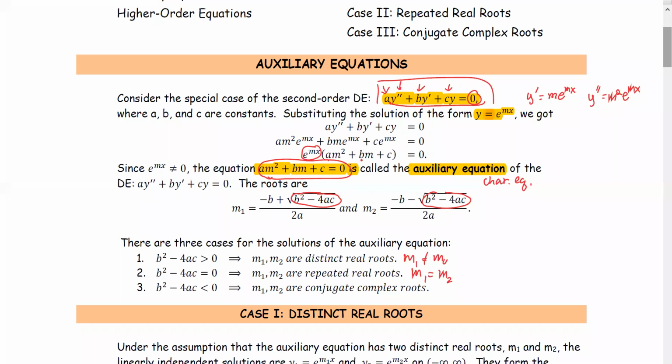This case we call repeated real roots. And the last case, where the discriminant is less than 0, we will have the solution in the form of a complex solution. So m1 and m2 could be in the form of alpha plus or minus beta i as a complex number.